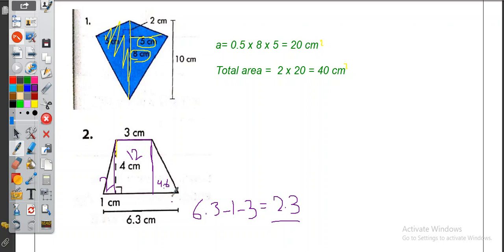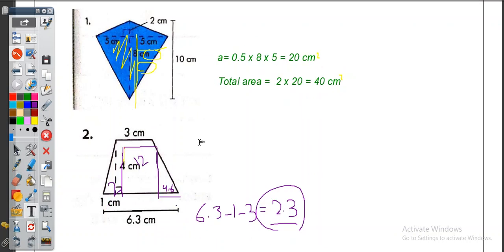Remember, we found this base by subtracting 3 and subtracting 1 from the 6.3. I find the base, which is 2.3. Then I will multiply the base times height, which is 4, by half. You will get 4.6.